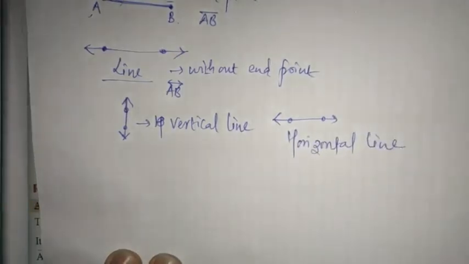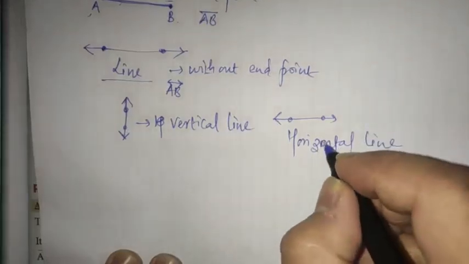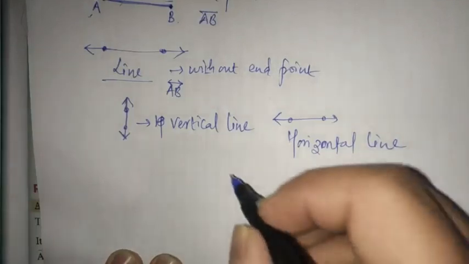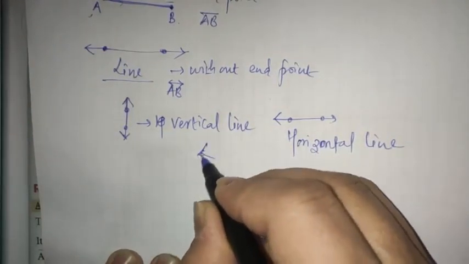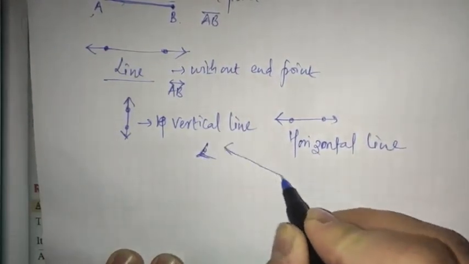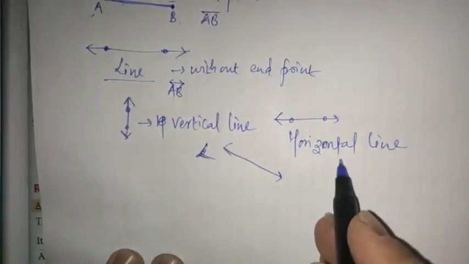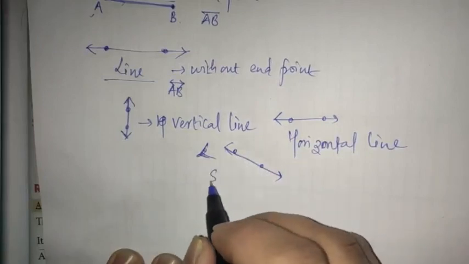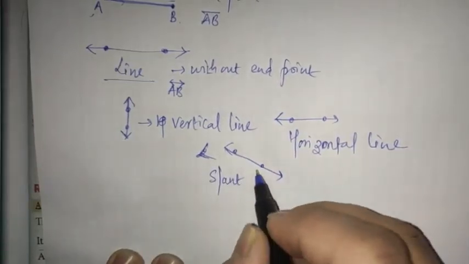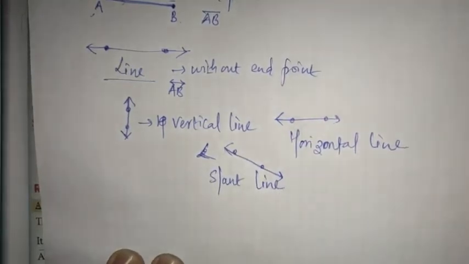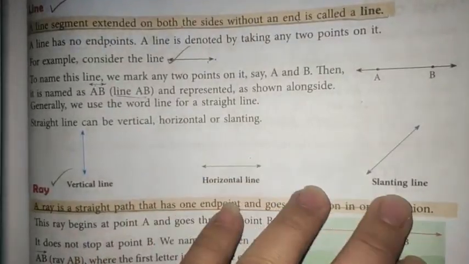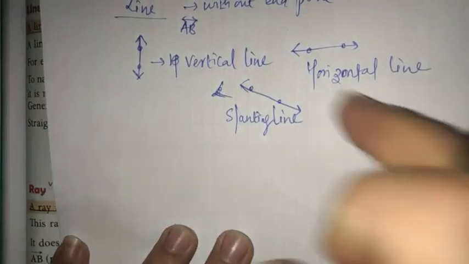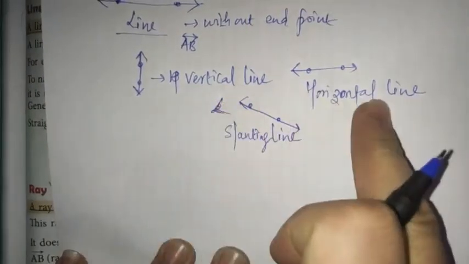Kindly repeat with me: horizontal line. And if you draw like this, which is neither vertical nor horizontal, then it will be considered a slant or slanting line. So there are 3 lines: vertical, horizontal and slanting.